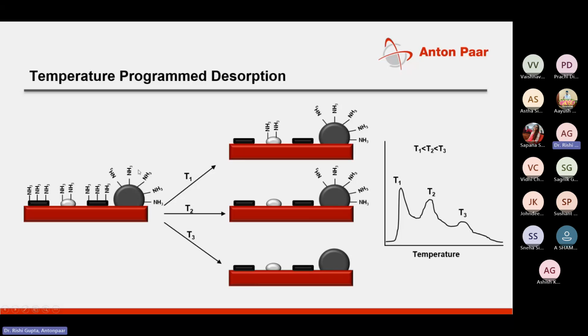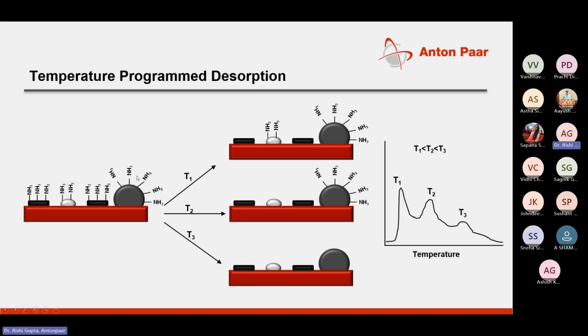Now, since ammonia is a basic gas, it gives me the information of acidic sites. There are some weak acidic sites which release ammonia at lower temperature, and there are some strong acidic sites which release ammonia at high temperature. And this is how you understand the weak and strong acidic sites present over the catalyst and the total acid site concentration.